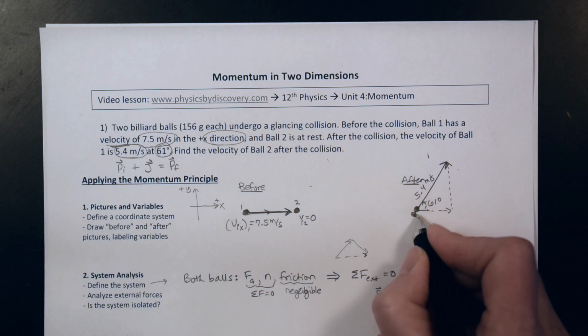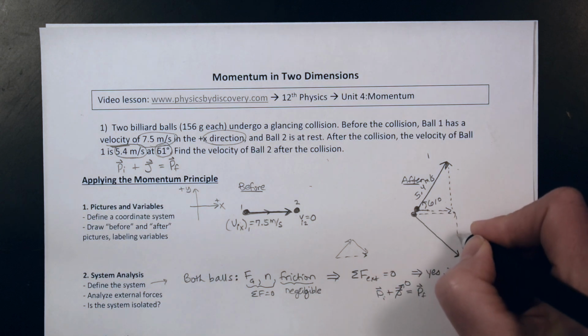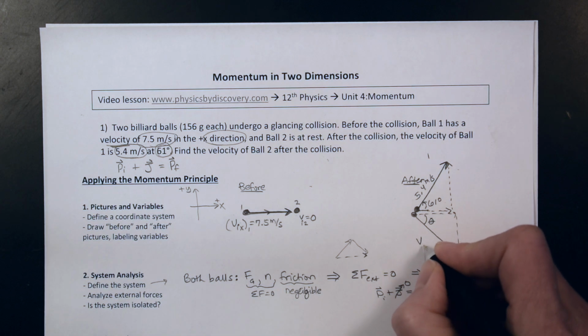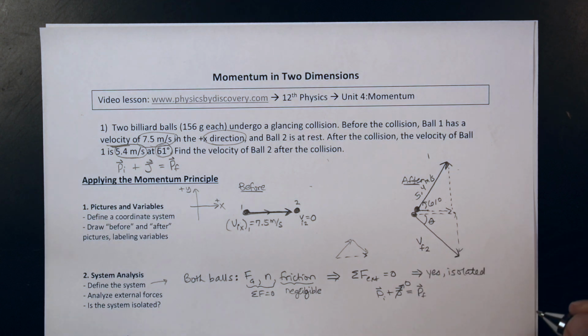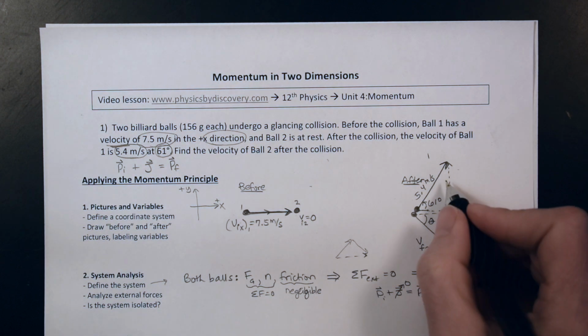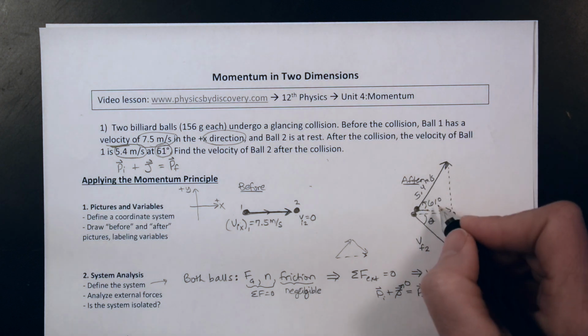Okay, this then also has components, and it has an angle, and this is the final velocity of ball 2. Before I move forward, I know I'm going to need the horizontal and vertical components, so I'm going to find those from the information that's given.